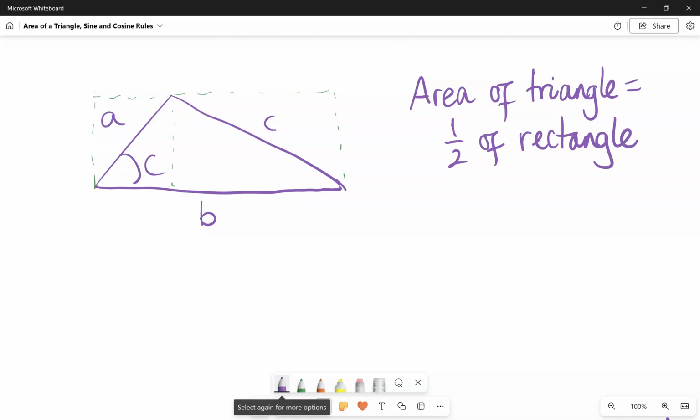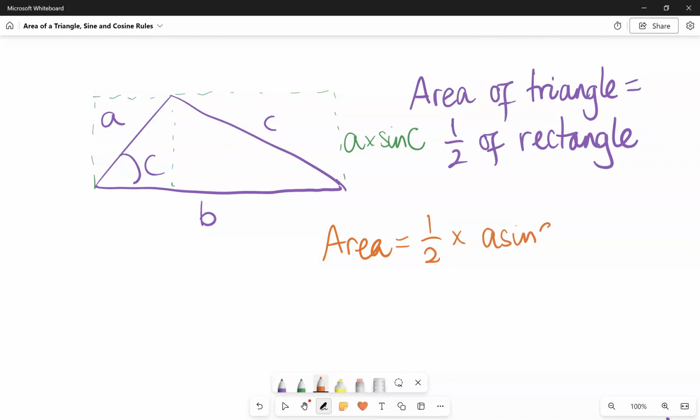And then the area of this rectangle is just the perpendicular height, which would be A times sine of C, and then B is the base. So the area would be half times the area of the rectangle, which is A sine C, this height, times B.